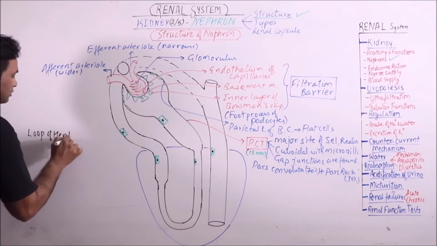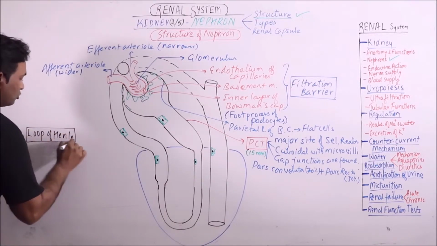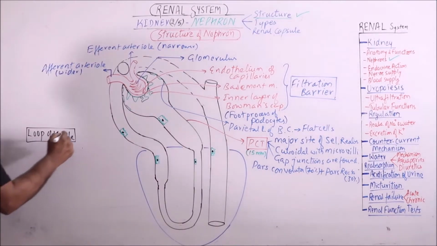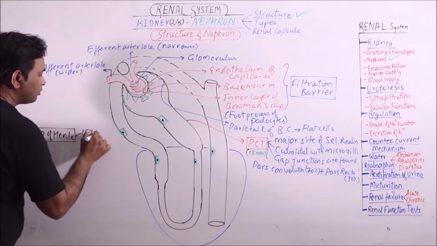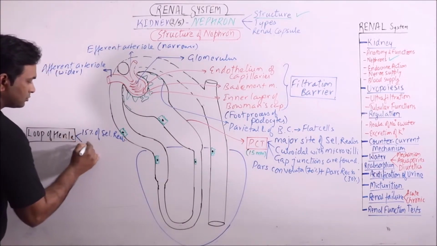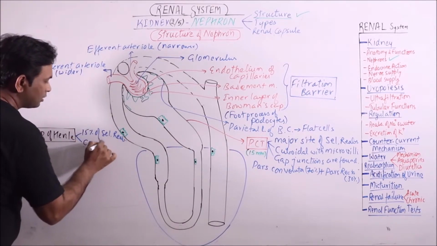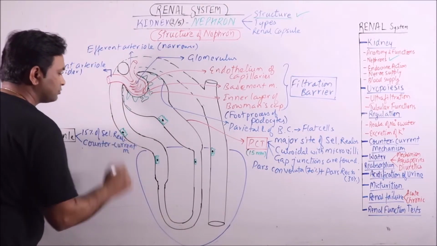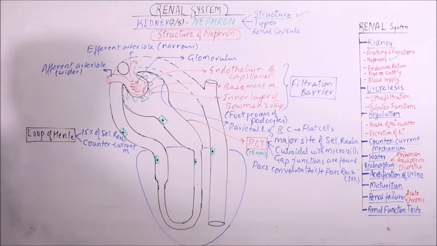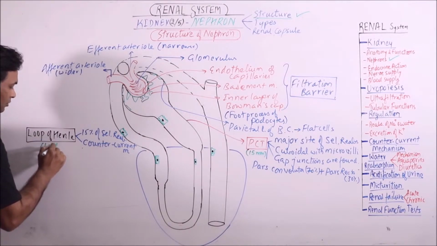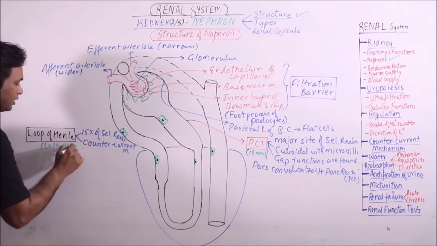So this is loop of Henle. Loop of Henle is responsible for 15% of selective reabsorption and counter current mechanism. This loop of Henle is having length of 14 to 26 millimeter.